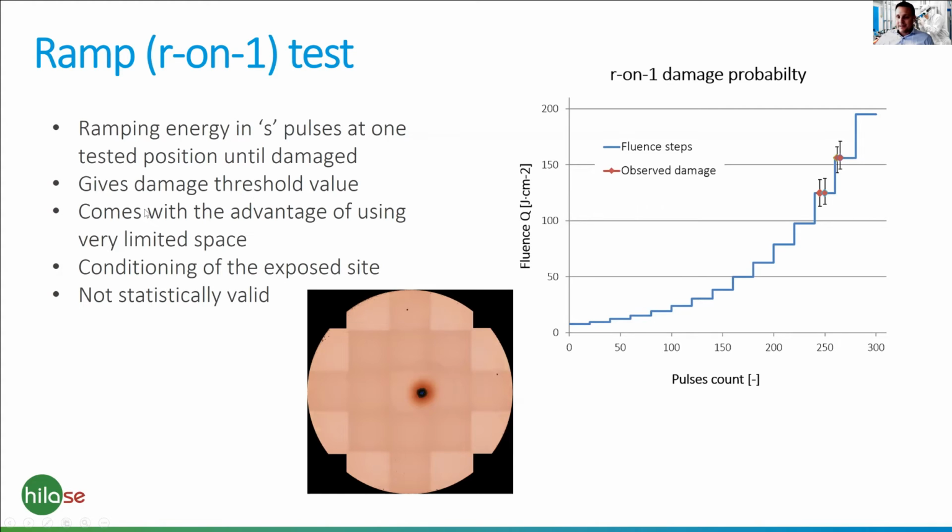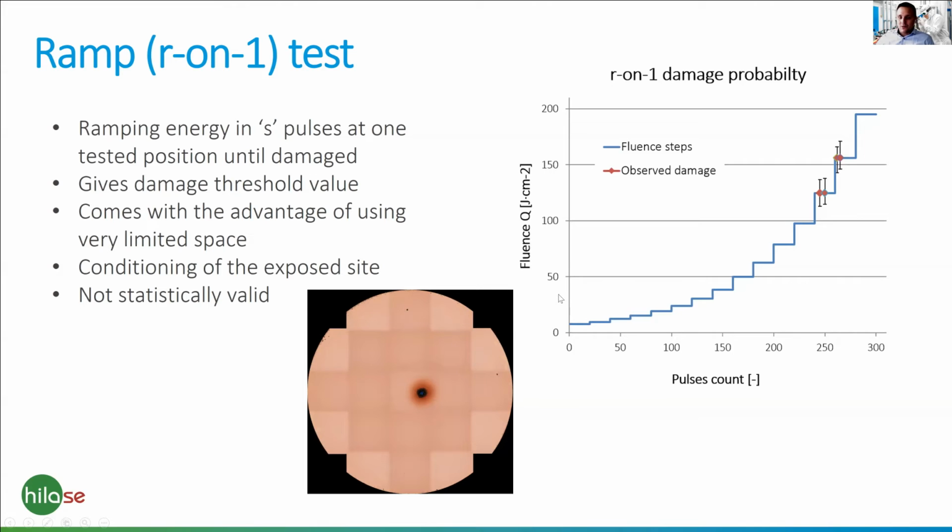A ramp test basically means that you are increasing the energy after a certain number of pulses or certain exposure duration until you see the damage. It's very useful when you have limited space on your sample, when you have a very tiny sample, a millimeter or 2 millimeters in diameter, so you can fit more testing positions on the surface, but you want to know at least approximately what the damage threshold is.